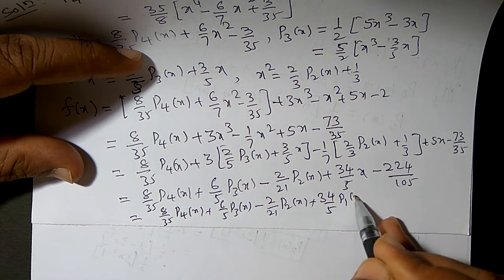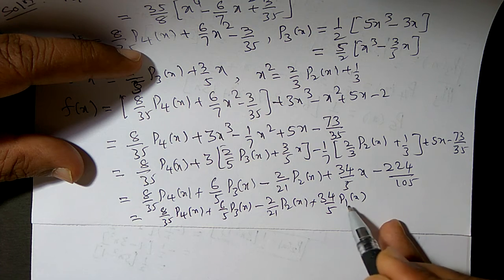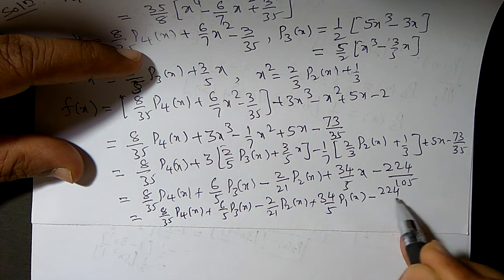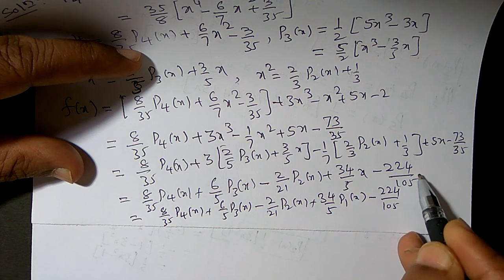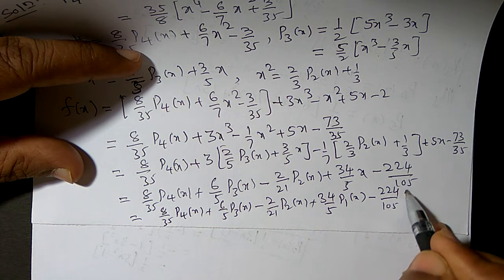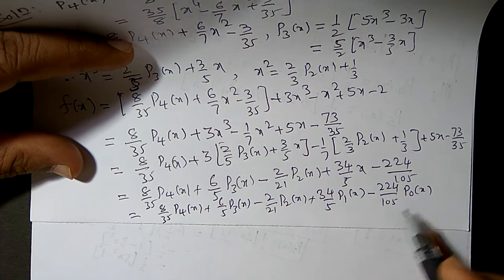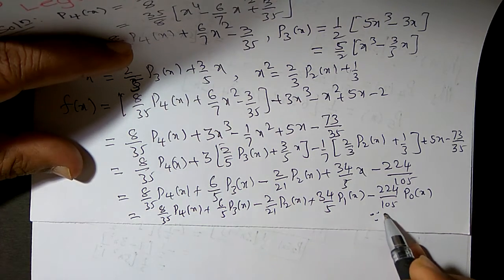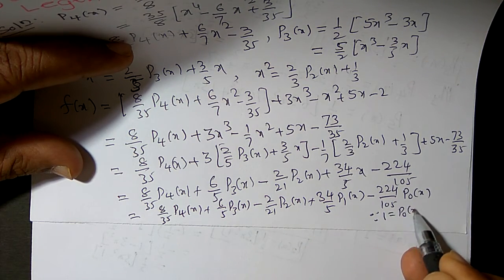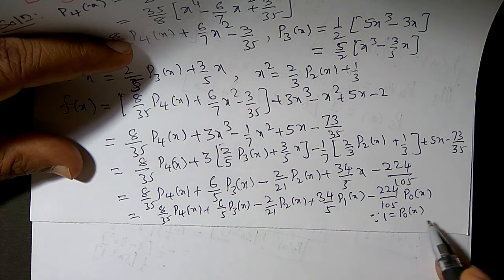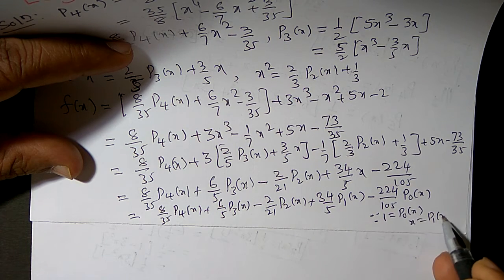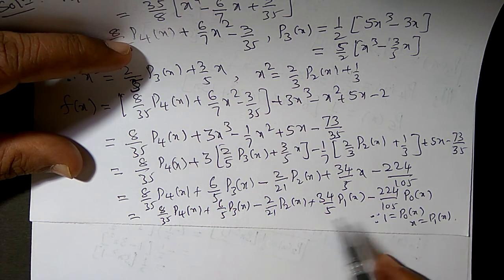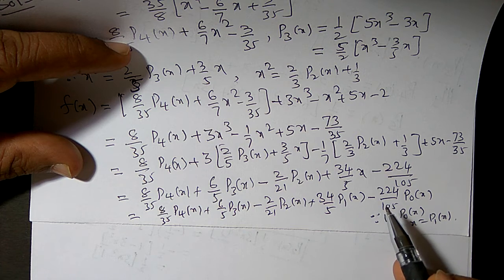We have obtained in Legendre polynomials, x = P1(x), and 224/105 into 1, 1 means P0(x). So you can write down the reason: 1 = P0(x) and x = P1(x). So this is the required Legendre polynomial.